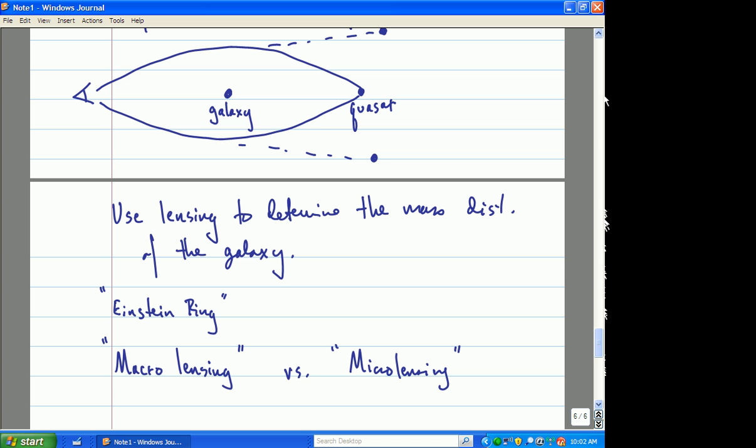Okay, so gravitational lensing is the second of the so-called three classic tests of general relativity.